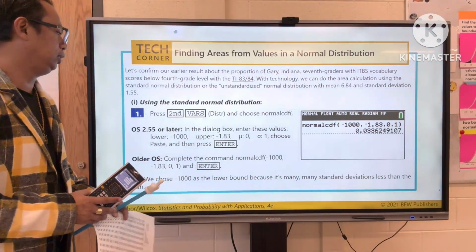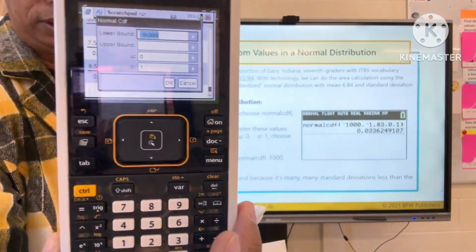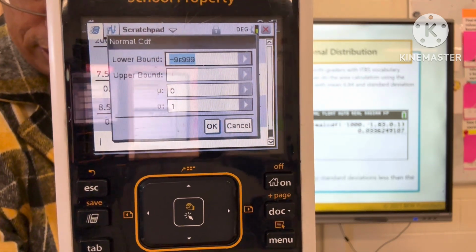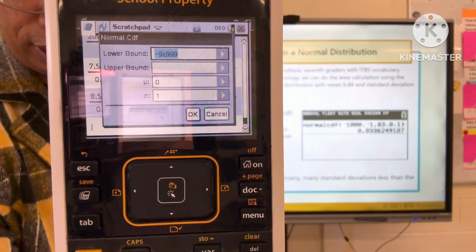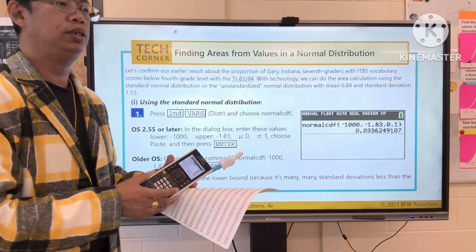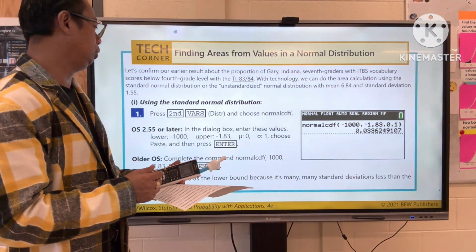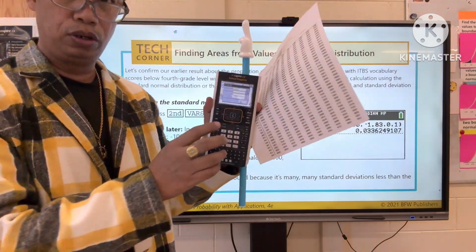So from the normal CDF, you will see this one, no? I hope it can be seen here. So you will see this one there, okay, negative 9E99. So that's almost negative 1,000, no?